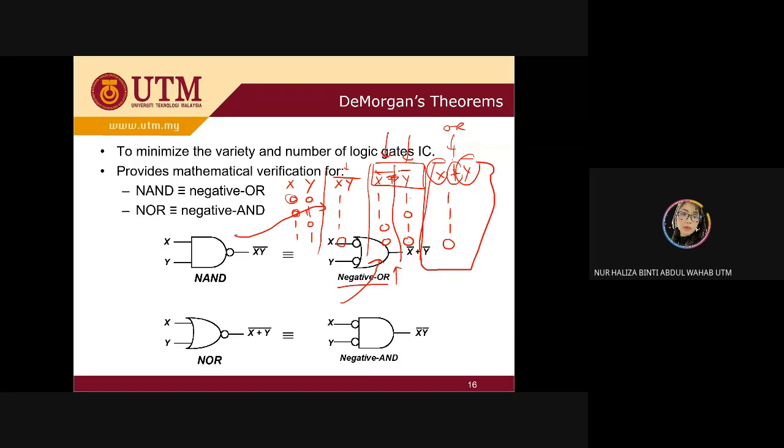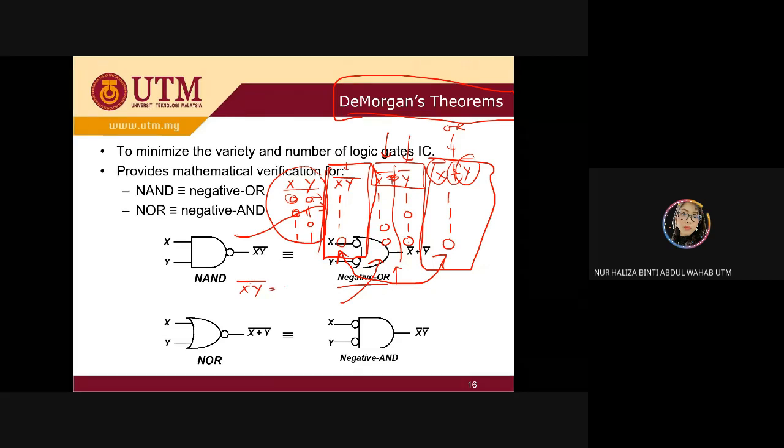The output is similar when my value for XY is similar. See, so you prove that this is similar. That's why you get this theorem, which is XY bar equal to X bar plus Y bar. So you already proved one theorem.